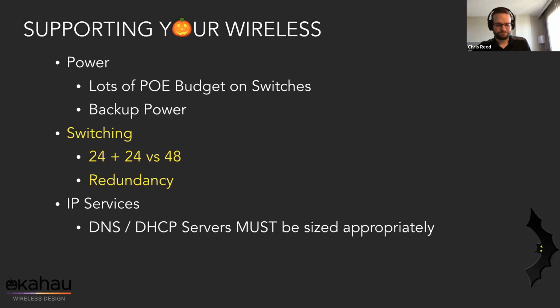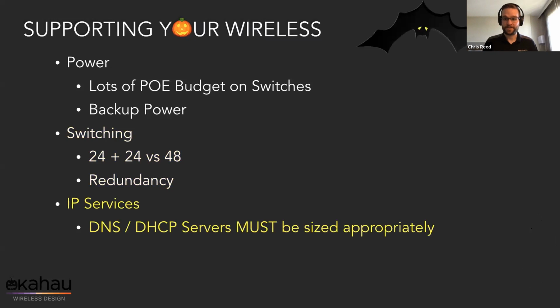And then for some of the tertiary services that you may need to add in to support the Wi-Fi. So you've got the switching, you've got the routing, DNS and DHCP. You cannot rely, and you do not want to rely, on things like just Google DNS for all of the clients.